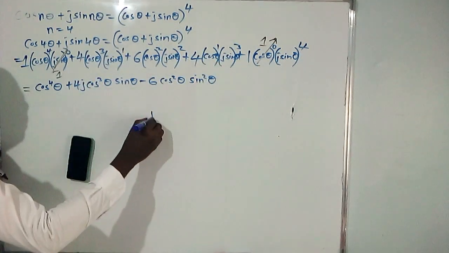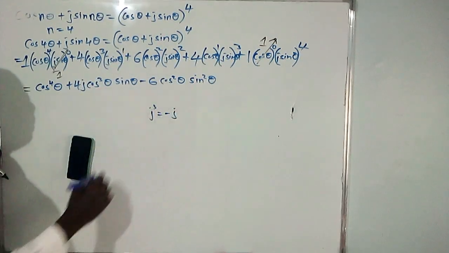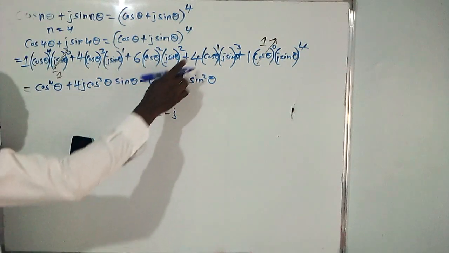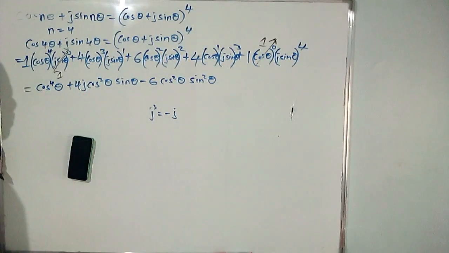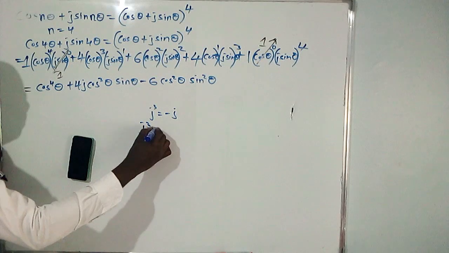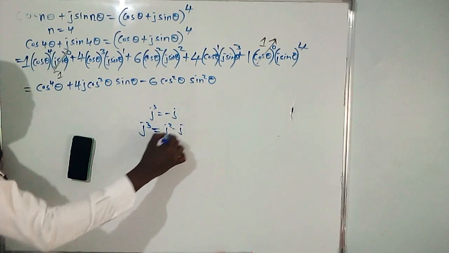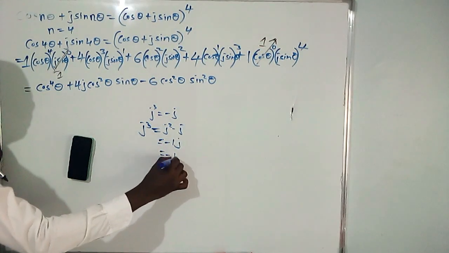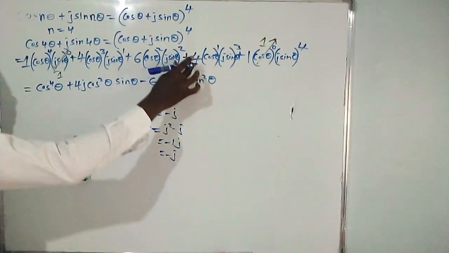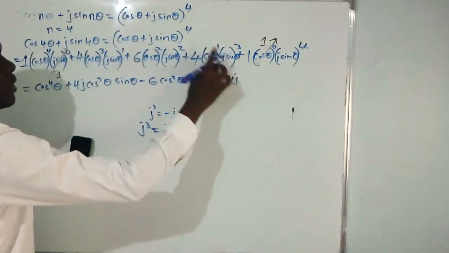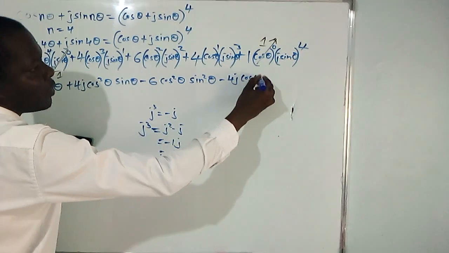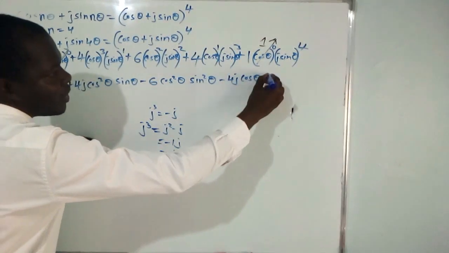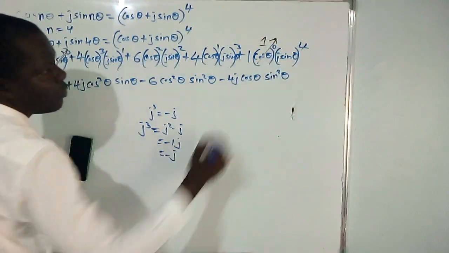j raised to power 3. What is j raised to power 3? It is negative j, because it is j times j squared, and j squared is negative 1, so negative 1 times j is negative j. So negative j times 4 gives negative 4j. Then cos theta is raised to power 1, that's just cos θ, and sin theta is raised to power 3, which is sin³θ.